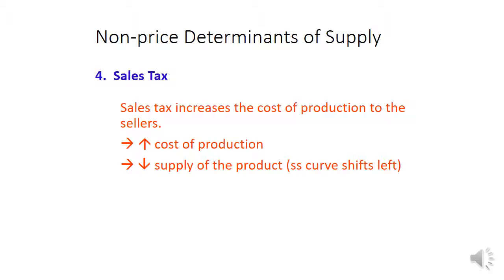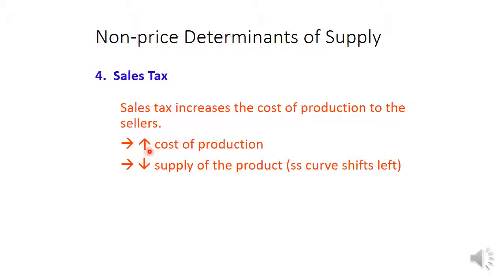Now, sales tax is one of the non-price determinants of supply. What's a sales tax? It's a tax that's levied by the government on the selling of that particular good or service. Now, when a sales tax is levied, it increases the seller's cost of production, right? It adds on to the cost. When this happens, cost of production goes up.